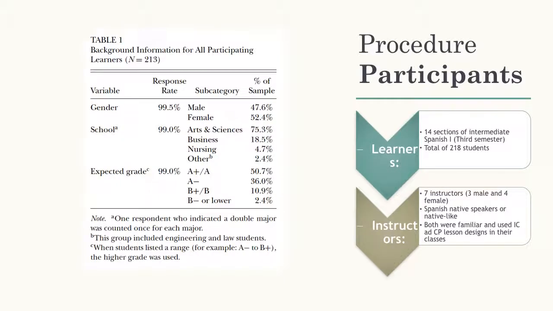The participants in this study were learners and instructors. The learners were from 14 sections of intermediate Spanish, in their third semester, at a private university in the northeastern United States, and they were volunteers.